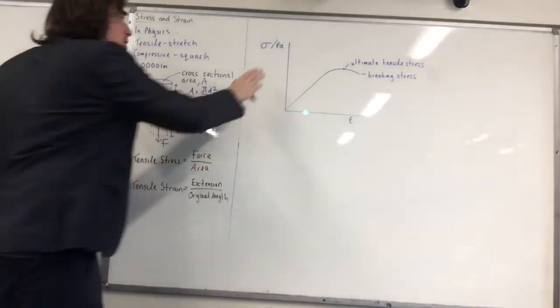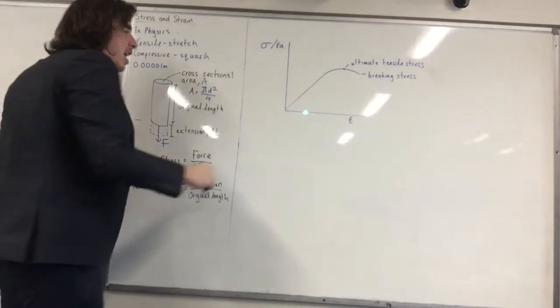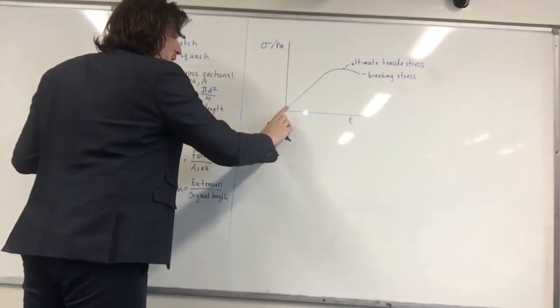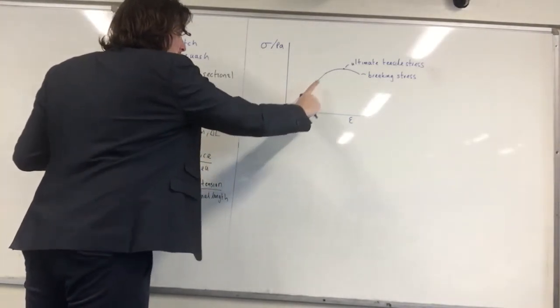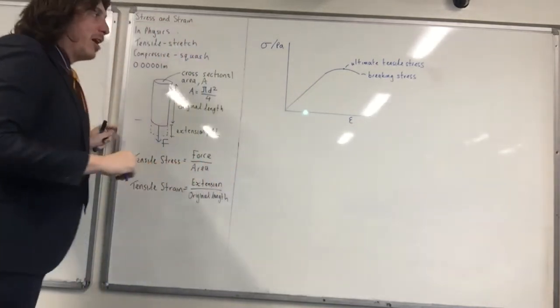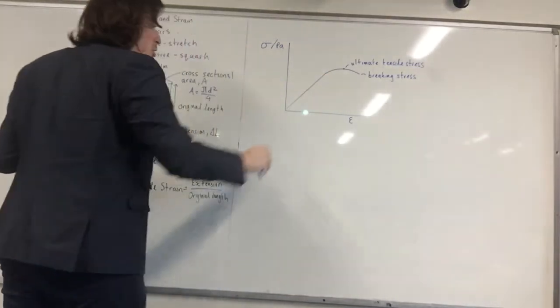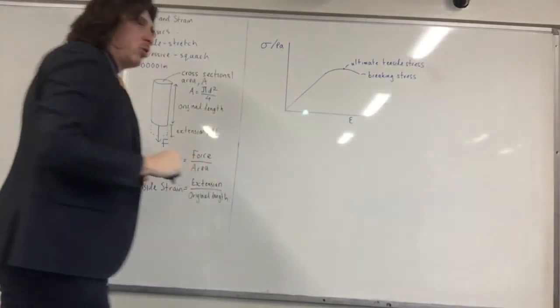So let's have a look at a stress-strain graph. If you apply a force to an object, the amount of stress will increase, and the amount of strain will increase directly proportional to that. At some point, when the object starts to deform, then it will no longer be proportional.